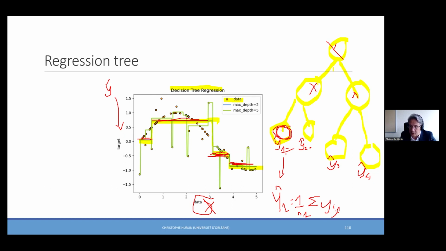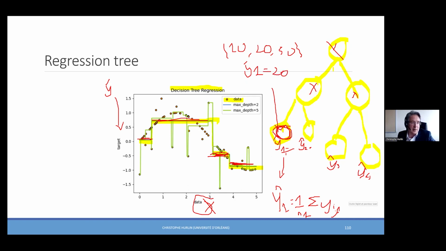So for instance, if I have 3 observations here, 10, 20, and 30, then the forecast is simply the mean and is equal to 20.